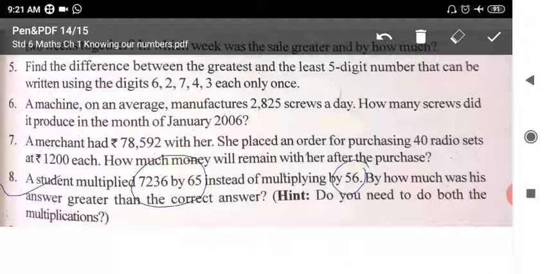So he will get the greater answer. That we have to do. So first we multiply by 65, then by 56, and then subtract from the bigger. It is same as above, multiplication and subtraction. So now we are moving to the next one.